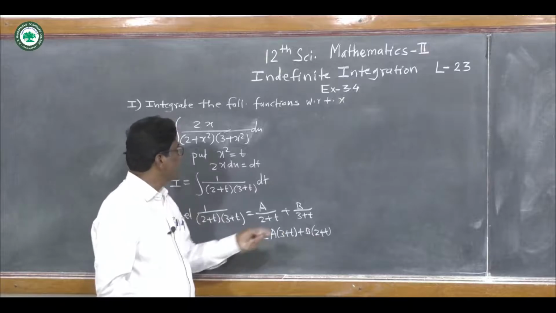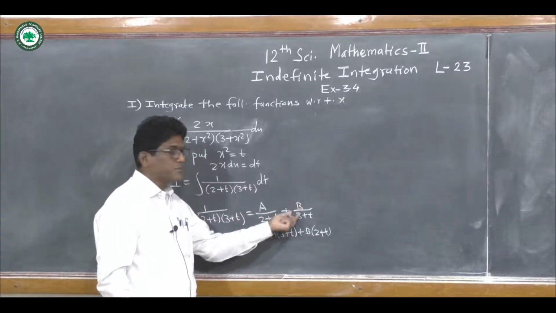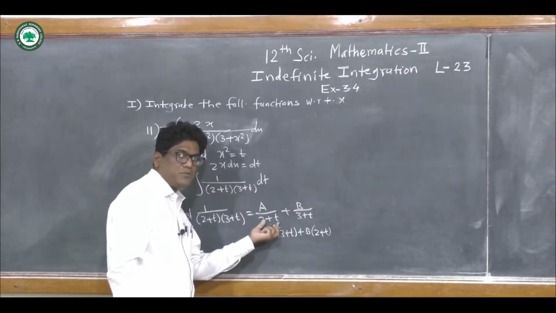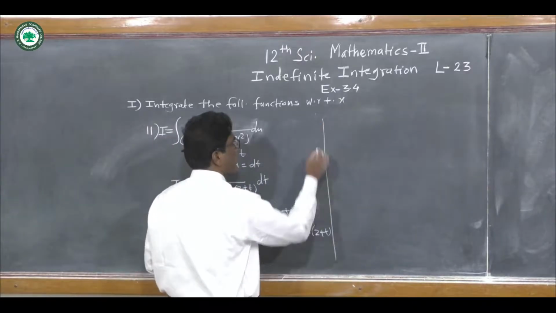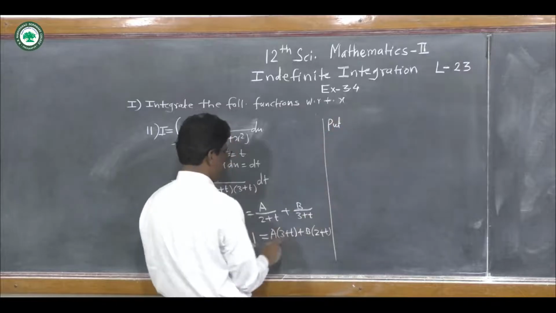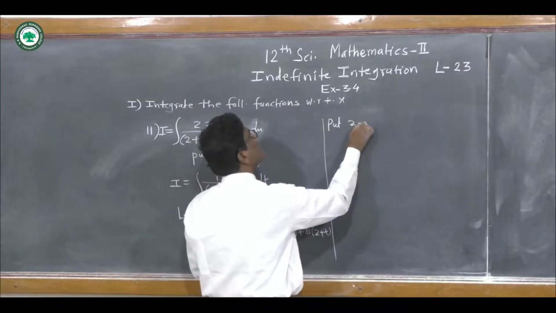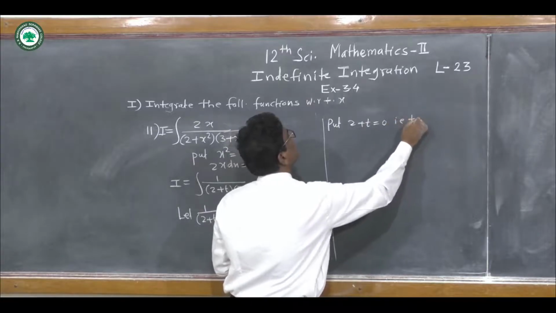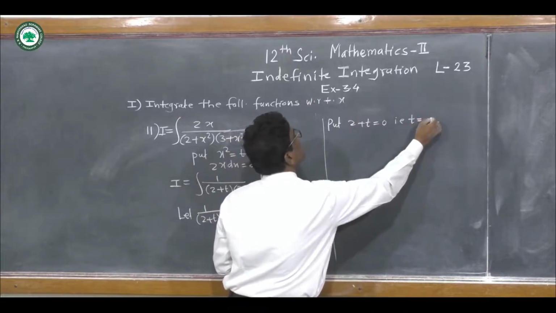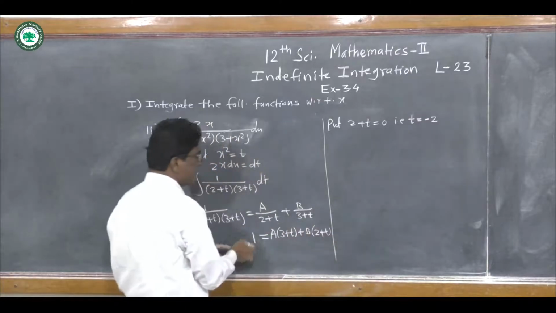We find the values of a and b by substituting the first factor equal to 0 and the second factor equal to 0. So put 2 plus t is equal to 0, that is t is equal to minus 2, and we put this in the equation.